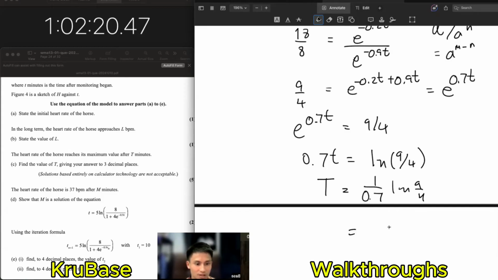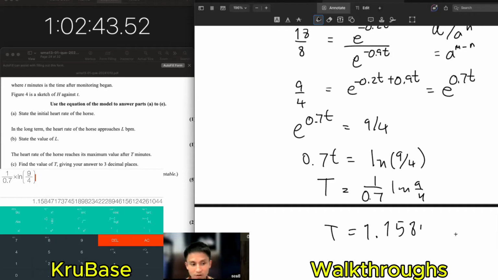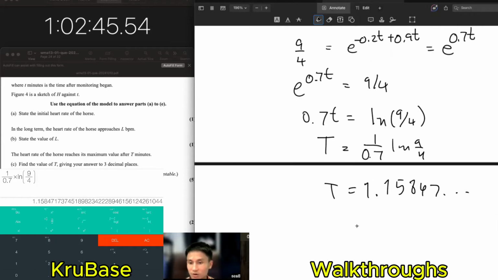On the calculator, 1 over 0.7, and then multiply by ln of 9 over 4. There you go. That gives me 1.15847 dot dot dot, and that's rounded to 3 decimal places to be 1.158.